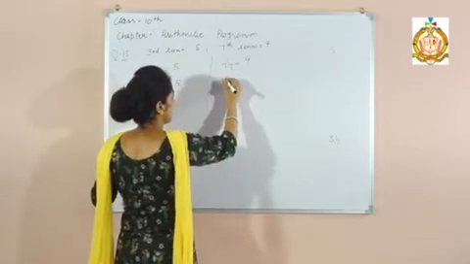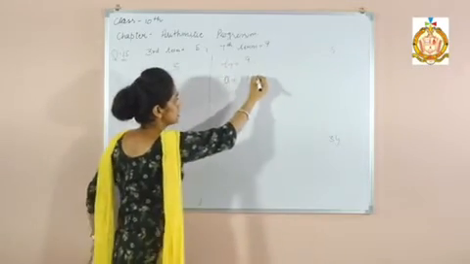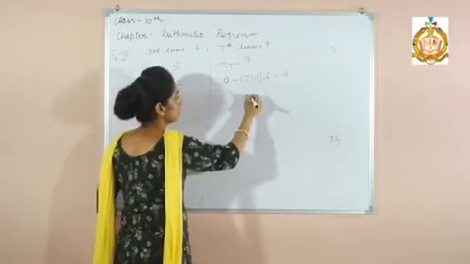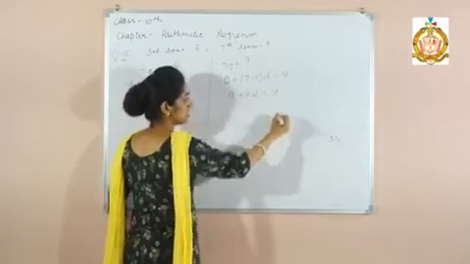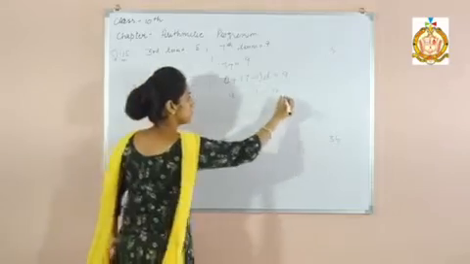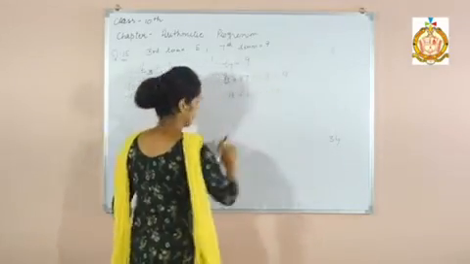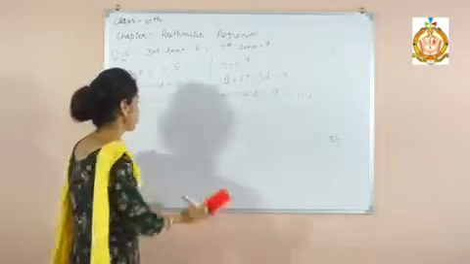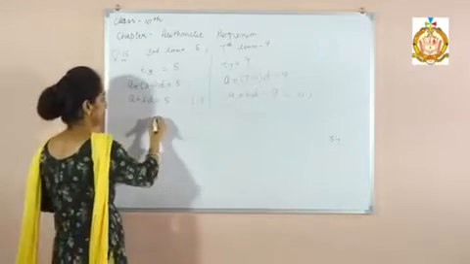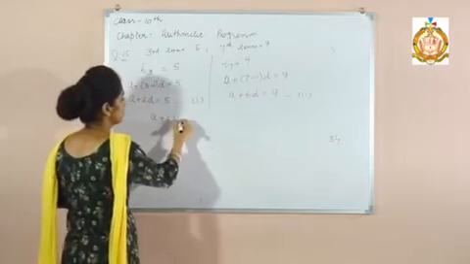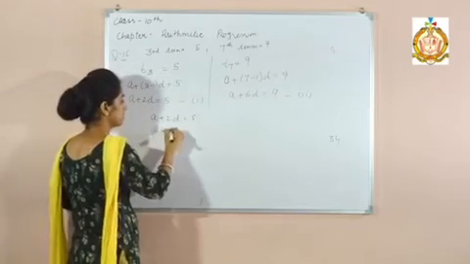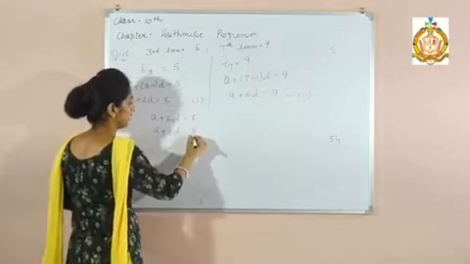Now on the other side, a plus (7 minus 1) into d, that is a plus 6d is equal to 9. This is the first equation, this is the second equation. Using both equations, we can find the values of a and d.